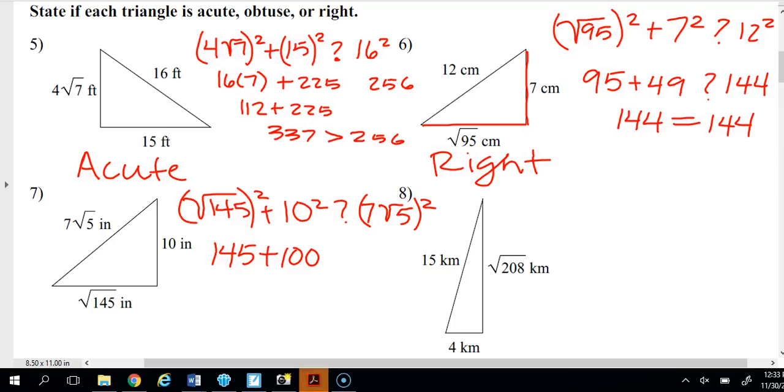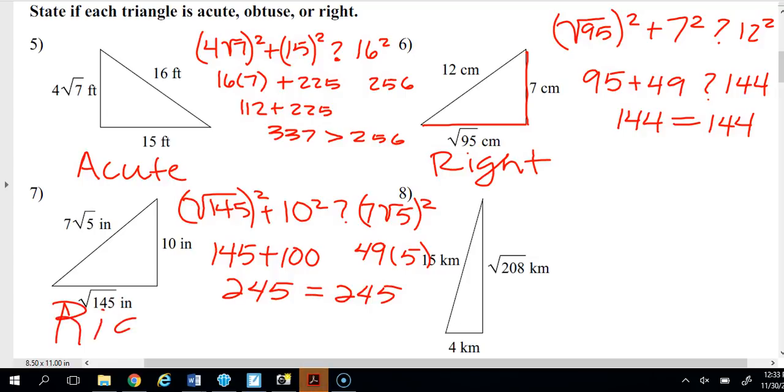When we square the 7, that's 49. When we take the 5 out from underneath the square root, because when you square a square root, it gives you the number that was under there, that's 49 times 5. This is going to be 245, and 49 times 5 is 245. So because these two are equal again, this is yet another right triangle.